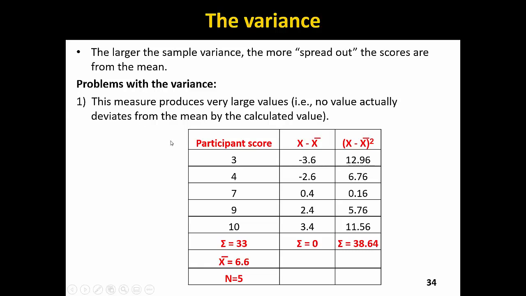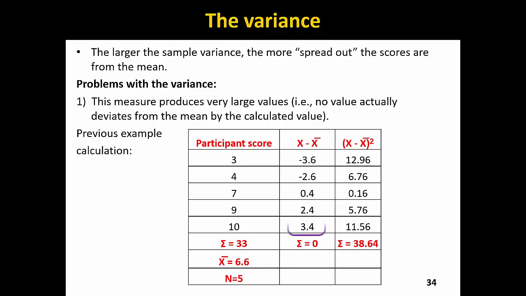So if we go to the table here, we see that we have a score of 3 for participant 1, and that the score of 3 deviates from the average by 3.6 in the negative direction. However, the squared value is 12.96. The same goes for participant number 2. Not as big a deal for participant number 3, and we see that pattern continue.